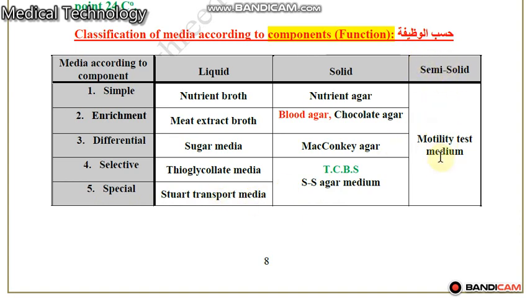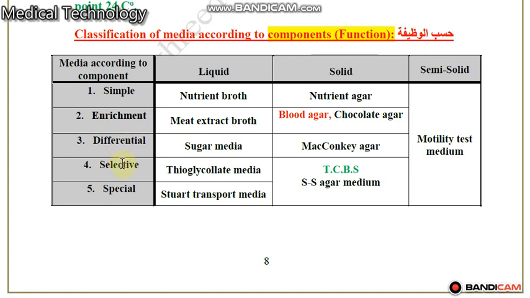Semi-solid media, for example, motility medium. This is used in the motility test. Simple, because it is simple in its components. Enriched, because we added blood or serum to it. Differential, because it distinguishes or differentiates between two or more groups of bacteria.